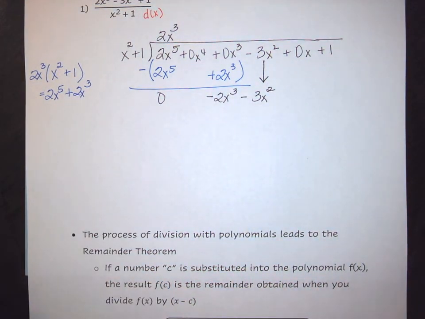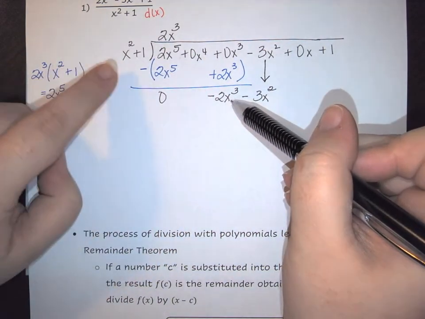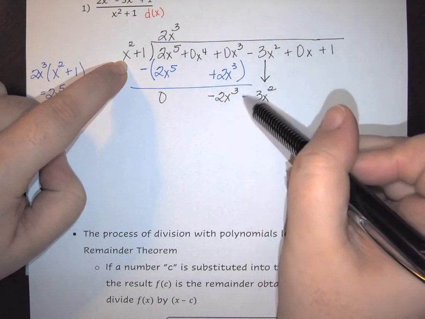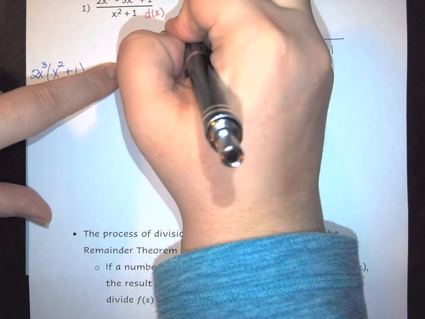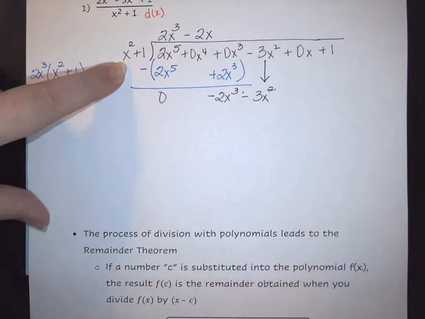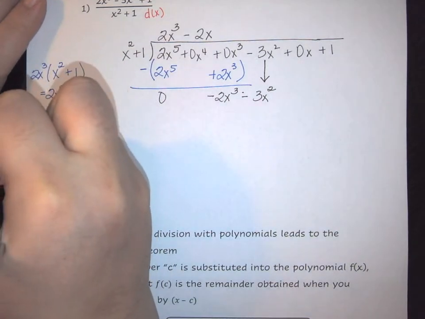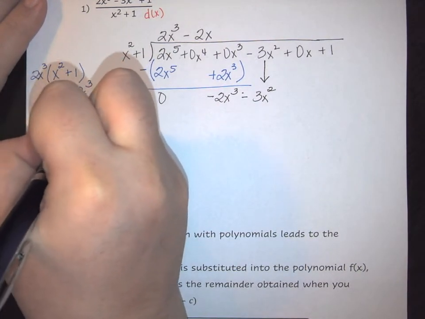Now we need to find the next piece in our puzzle. So how do I take x squared and turn it into a negative 2x cubed? Well, I multiply it by a negative 2x. Again, I'm going to do the same thing. I've got a negative 2x times x squared plus 1.